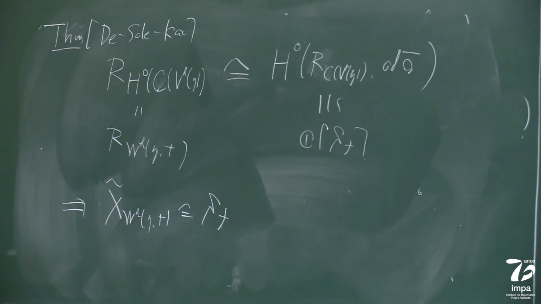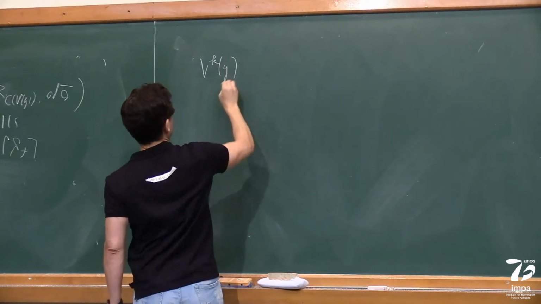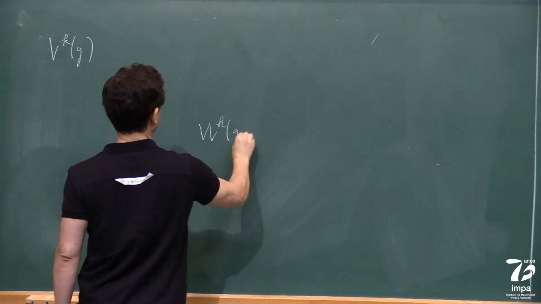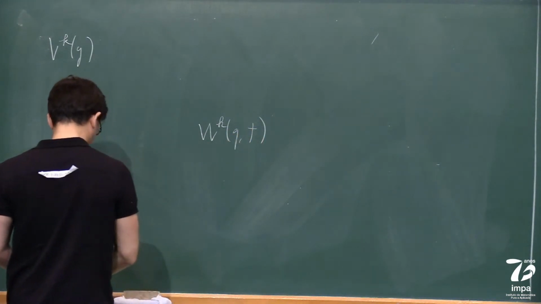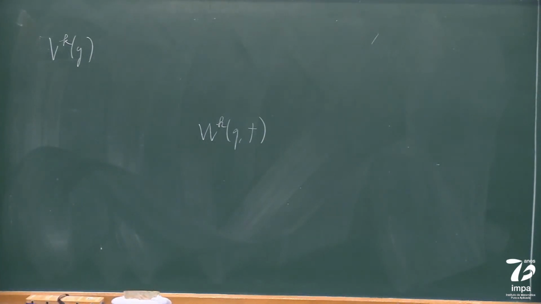So what we have seen: I started with V^k(g), and I obtained W^k, defined the W-algebra by BRST reduction.